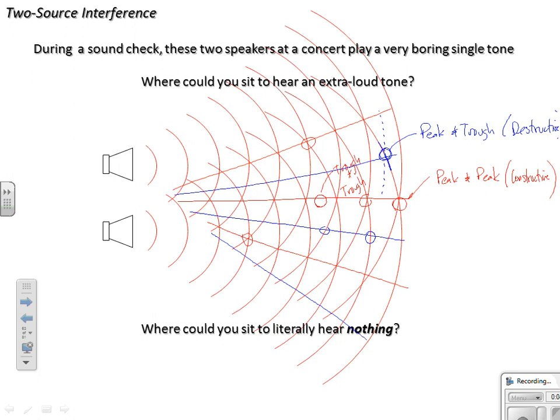All those reflections off of walls and trees and people and buildings act like another source. But if there really were only two sources in a totally acoustically insulated environment, you really could move from one place to another and hear something loud and hear nothing at all. So that's the basis of what we call two-source interference.